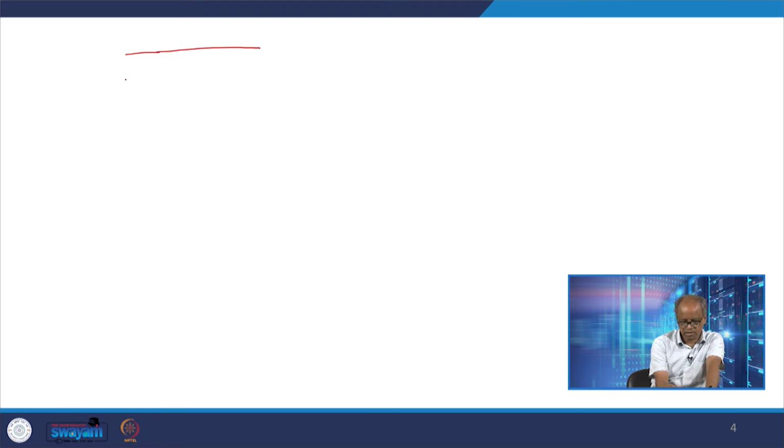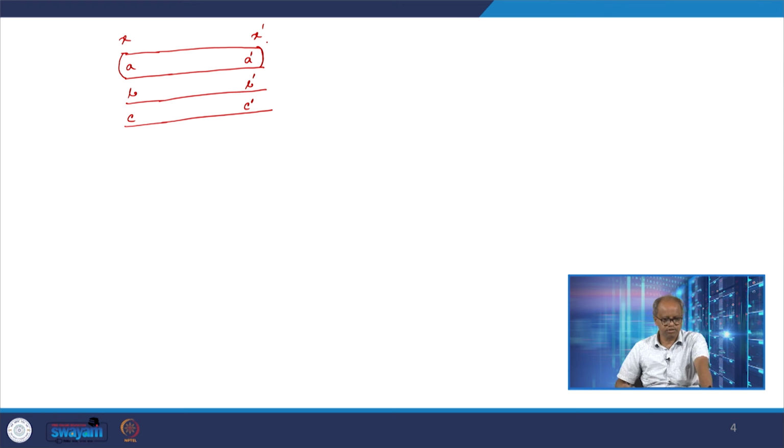So let us say this is x dash a, and actually conductor x and a are joined together.